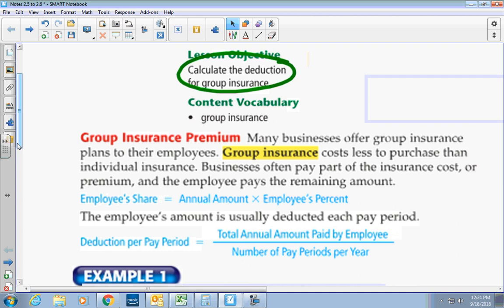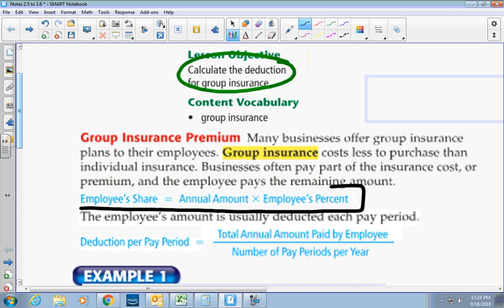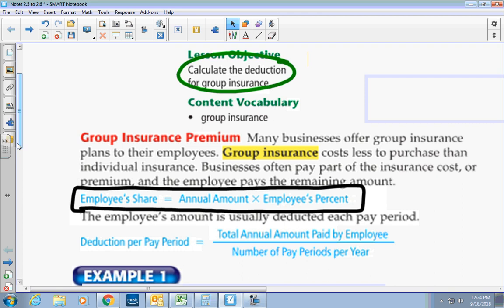So what I want you guys to write down is that the employee's share is equal to the annual amount times the employee's percent. The other formula I want you to write down is this other formula in blue.